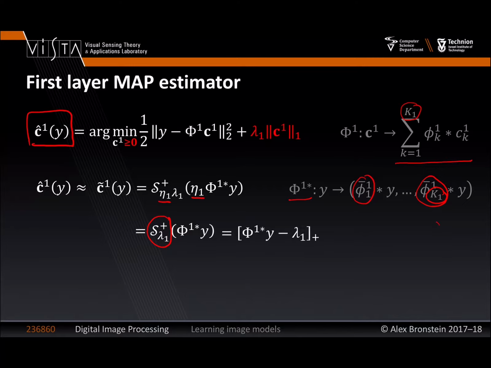Okay, and I will write it in this way. Basically, this parenthesis with a plus means that I'm thresholding the values at 0. So basically, anything that is below 0 becomes 0. Okay.